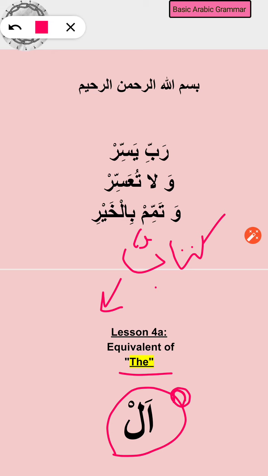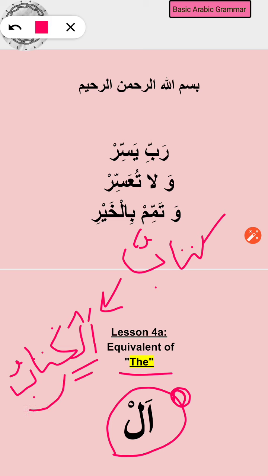We know from our recitation that al-kitabu, okay? So whenever this al is added to any ism, that ism becomes marfa.